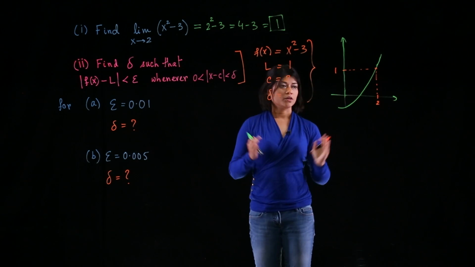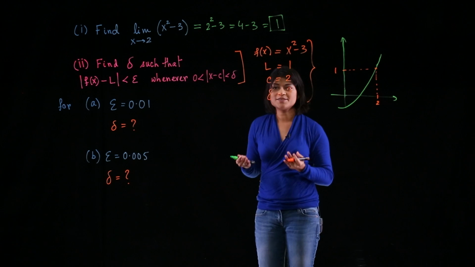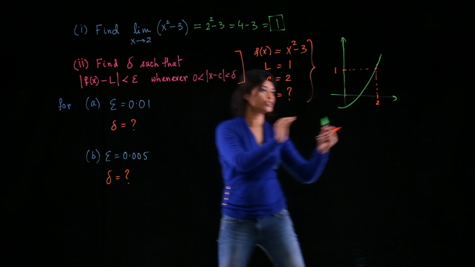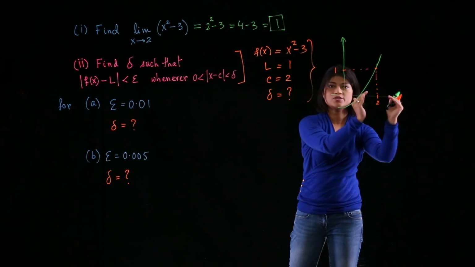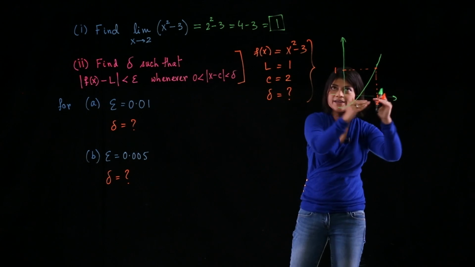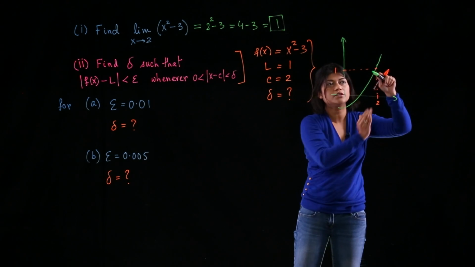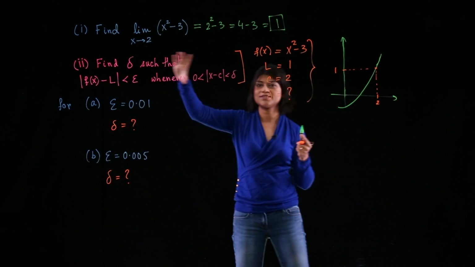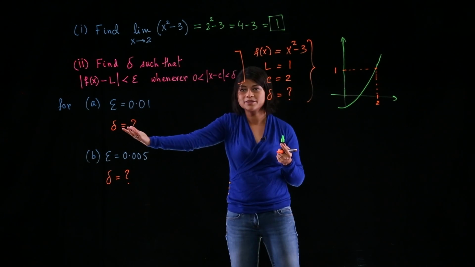So, what is the concept of limit? The concept is as x is approaching 2, so x is getting closer and closer to 2 from either side, the function is getting closer to this value 1. That's what it means. And that's exactly what is written here as the definition of that limit.